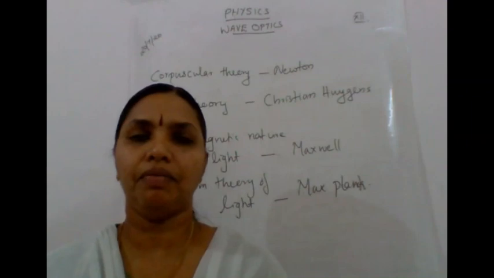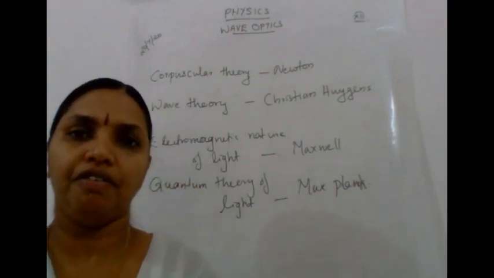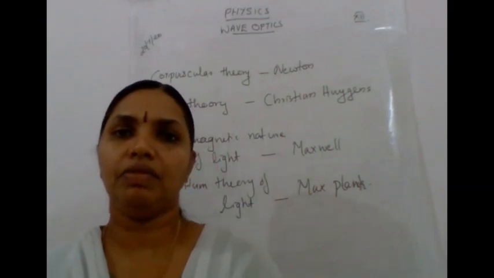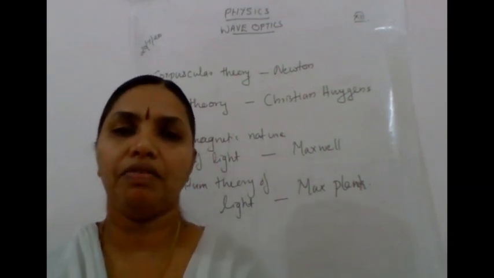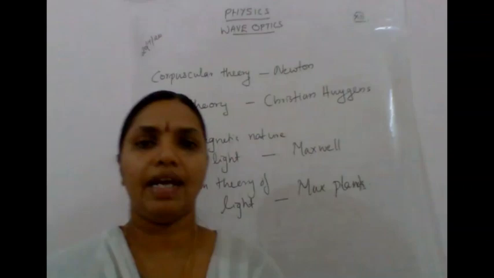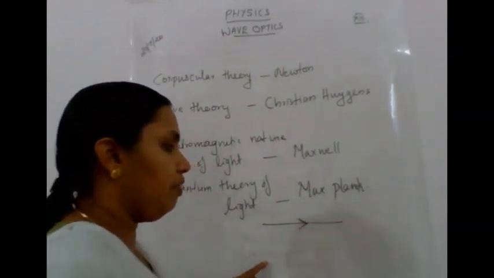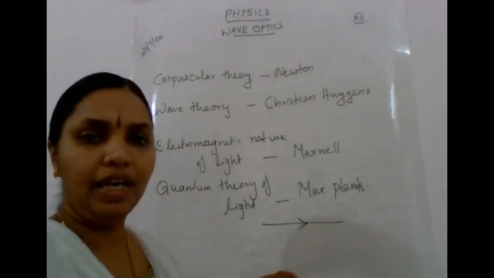That is, phenomena like reflection, refraction, dispersion, scattering, all these things we can explain on the basis of the ray characteristics. That is, light is traveling in a straight line. It is a straight path the light is traveling, and this is known as a ray.